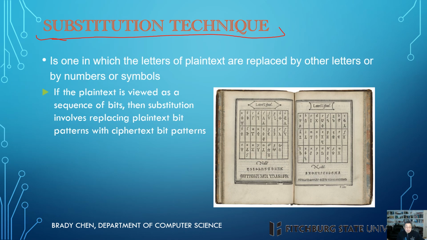Okay. Now, in most of the modern encryption algorithms, the plain text is viewed as a sequence of bits, the binary bits. And then the substitution involves replacing the plain text bit patterns with cipher text bit patterns. So you replace one sequence of binary numbers with another sequence of binary numbers. Okay.